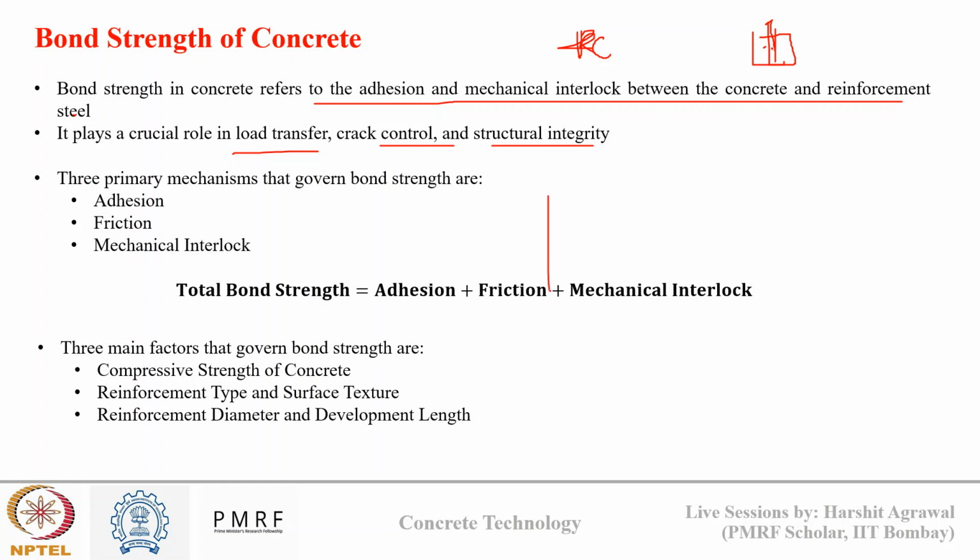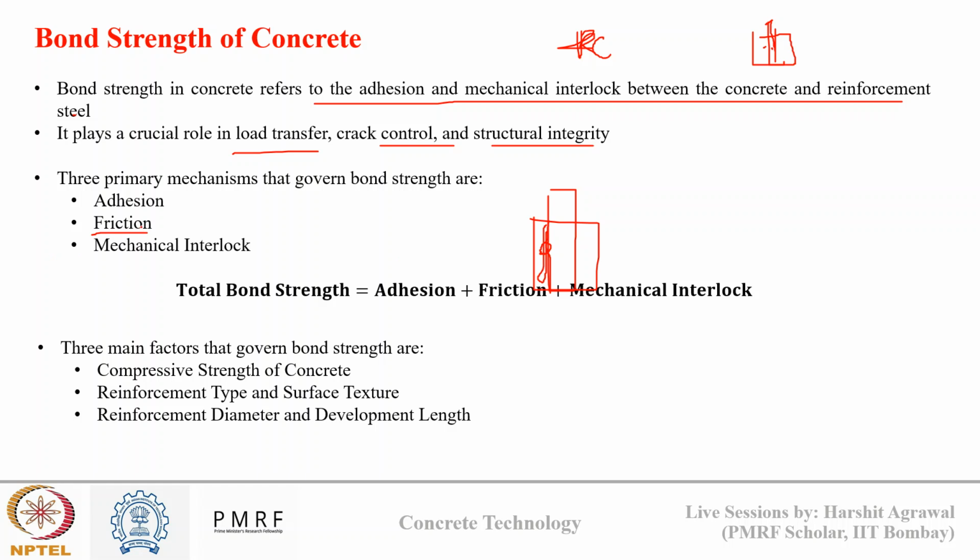So this is my reinforcement and this is my concrete cover. If my reinforcement surface is rough, it will have a frictional effect with the concrete, particularly under shrinkage. This frictional effect increases the bond strength at the interface, and that's why the second mechanism is friction.